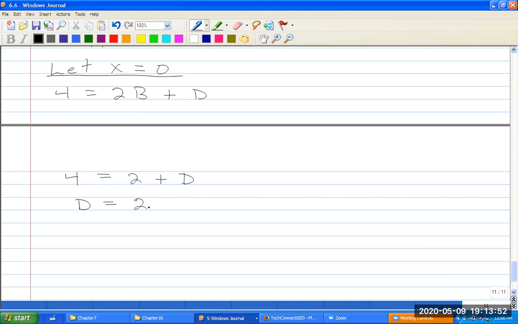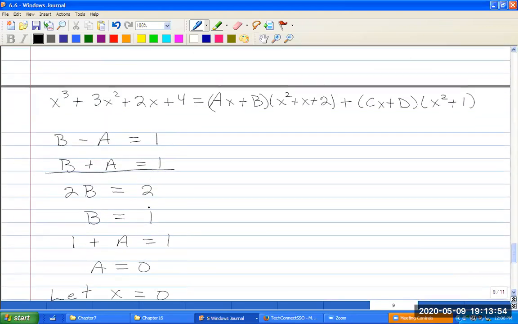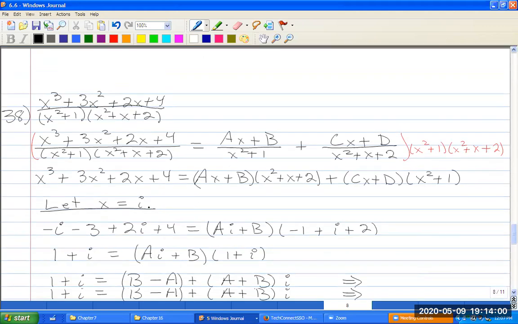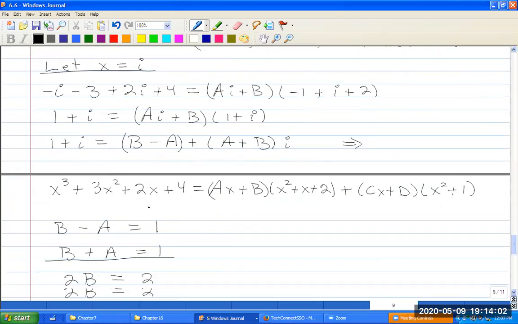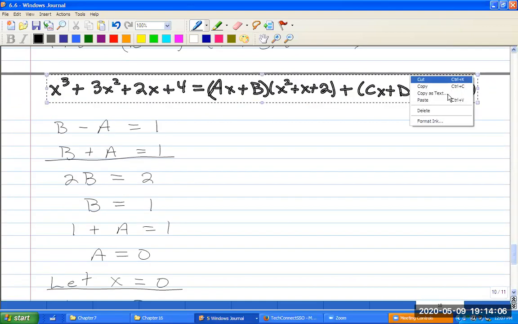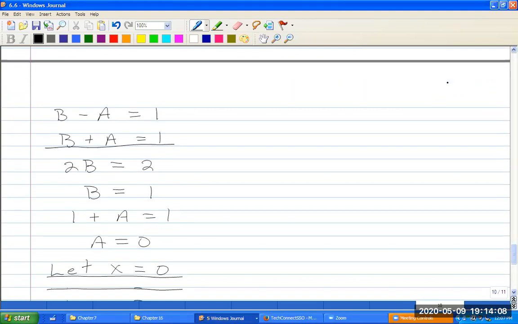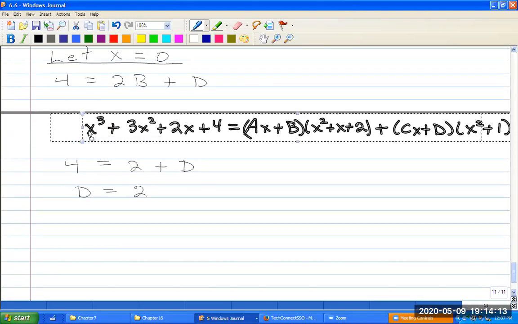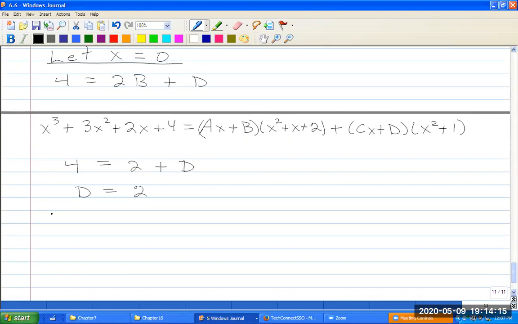Okay, now you could let x equal anything, maybe a 1 is okay. So let x equal 1.